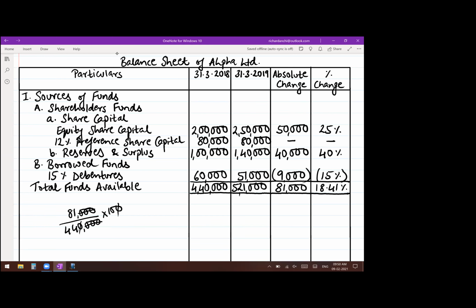Okay. Then we move to the next, and that is application of funds. Now you will be writing all your assets. So point number 2, application of funds.